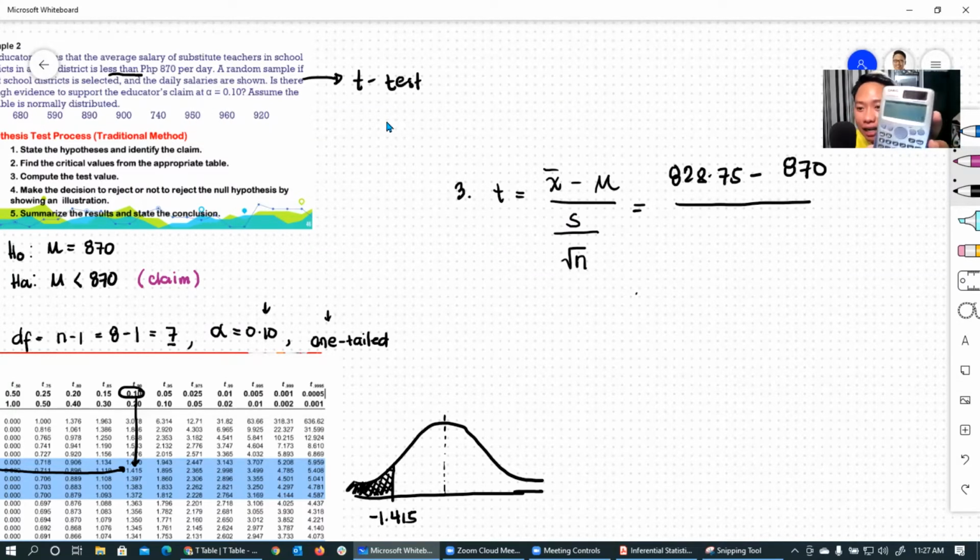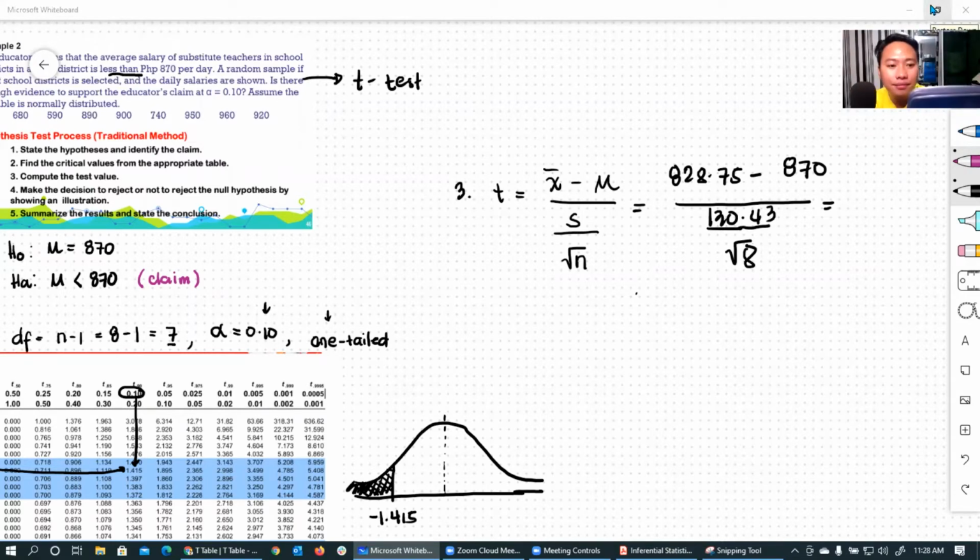So I'm going to click equal. The standard deviation is 130.43. So 130.43 over square root of 8. Let's try to simplify this. What's your answer?